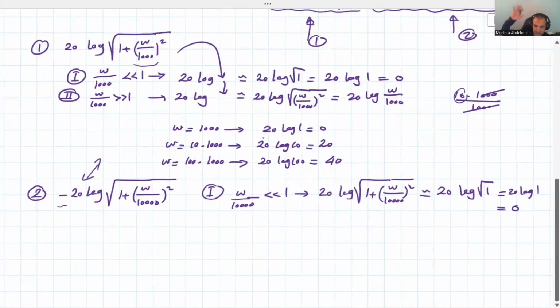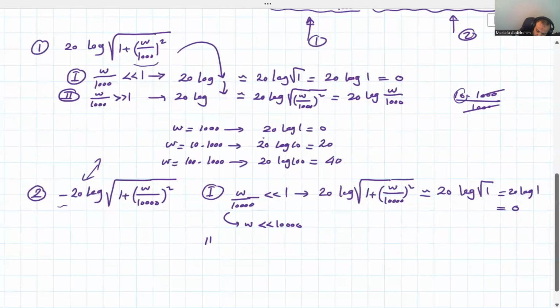So for omega much less than 10,000, these values will be 0.